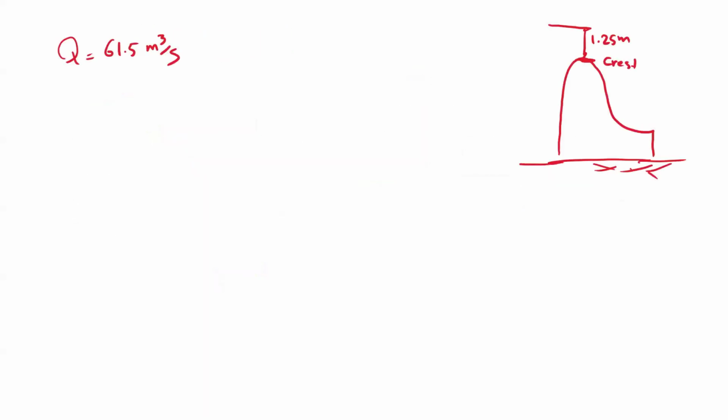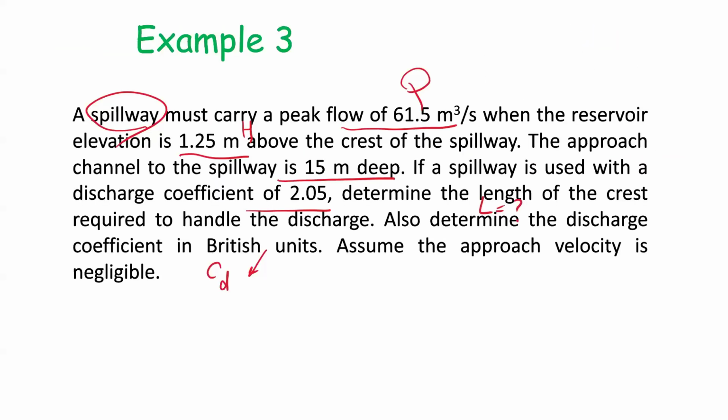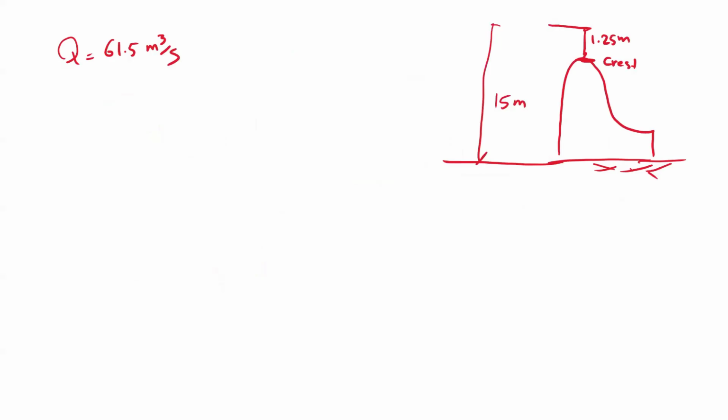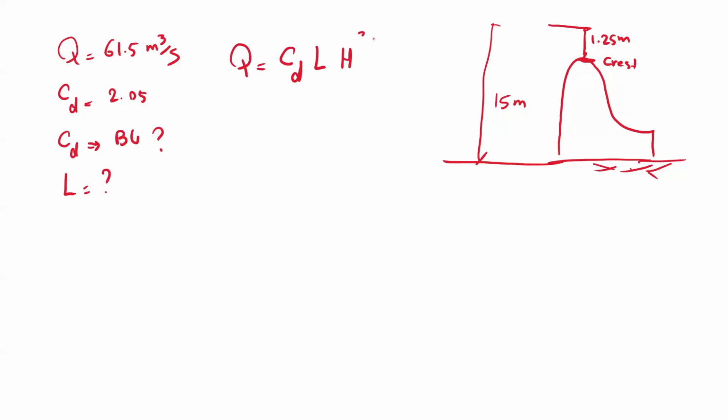So if I extend that, this whole thing is 15 meter deep. Any other information? The coefficient, you have it. So CD is 2.05. Again, if it's around 2, you are in SI. And if you notice, it asks for CD in British units. One question, it asks for L. So it's not designing a spillway. It's just a simple question using the equation of discharge versus the head.